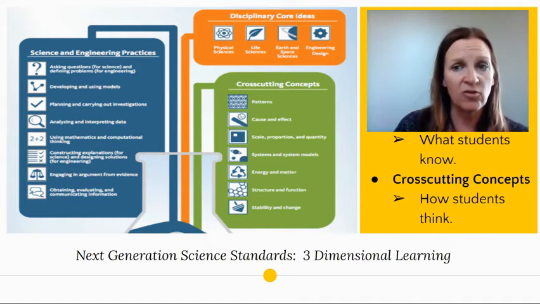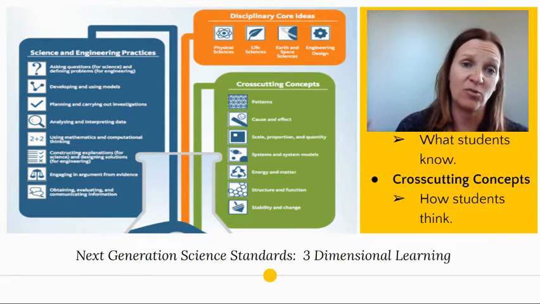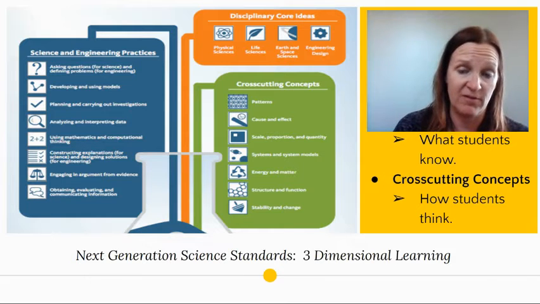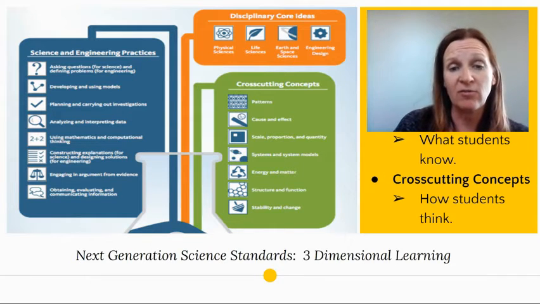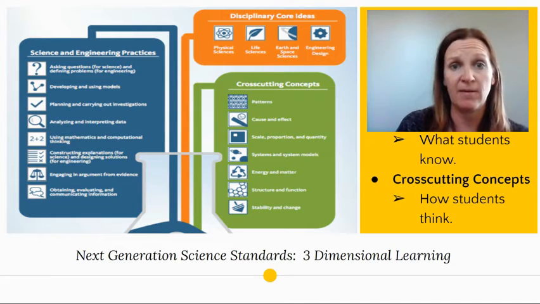The science and engineering practices are basically just what the students are doing, how they're engaging with the information and with the ideas in order to make sense of the concepts that we're trying to figure out. The cross-cutting concepts are kind of the glue that connects everything together. It's the way students can approach thinking about the ideas that we're learning about.